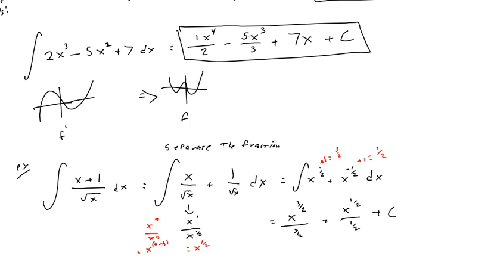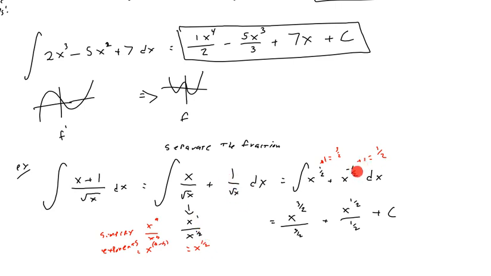Separate the fraction, and then simplify your exponents. When you have two exponents dividing, you subtract them. So 1 minus a half is a half. The square root on the bottom becomes a negative exponent on top.